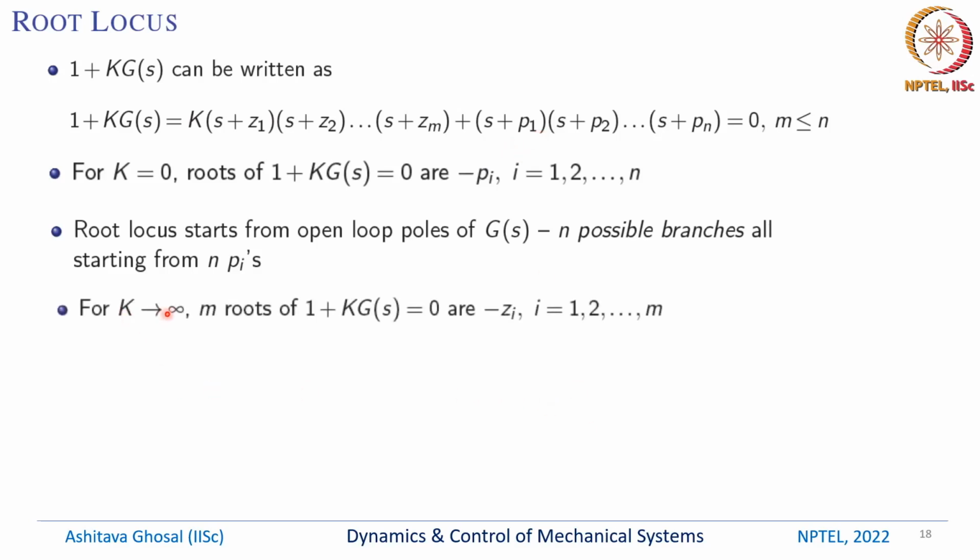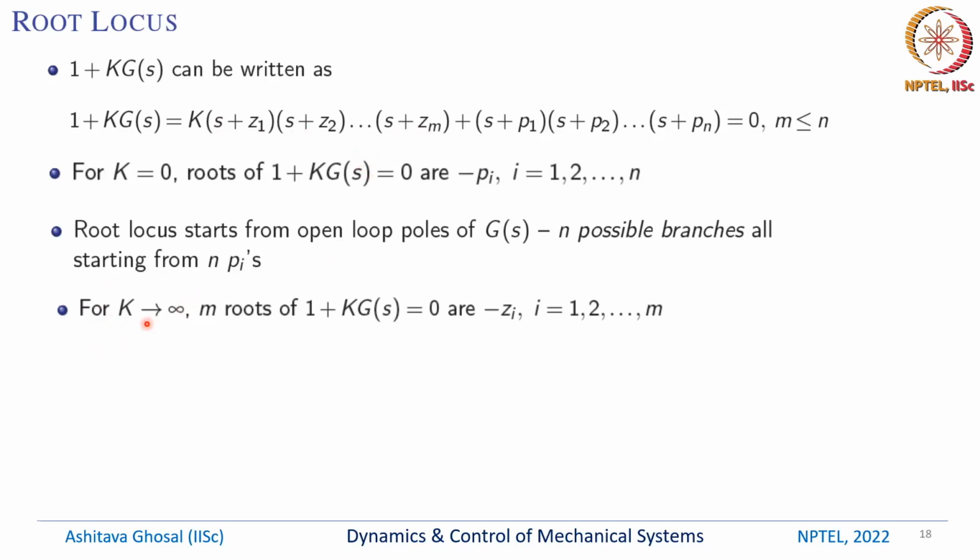If k tends to infinity, the m roots of 1 plus k into g of s are minus zi. So you can see that if you divide this by k and then k tends to infinity, we are left with (s plus z1) into (s plus z2) all the way till (s plus zm) equal to 0. So hence the roots are minus z1, minus z2, all the way till minus zm.